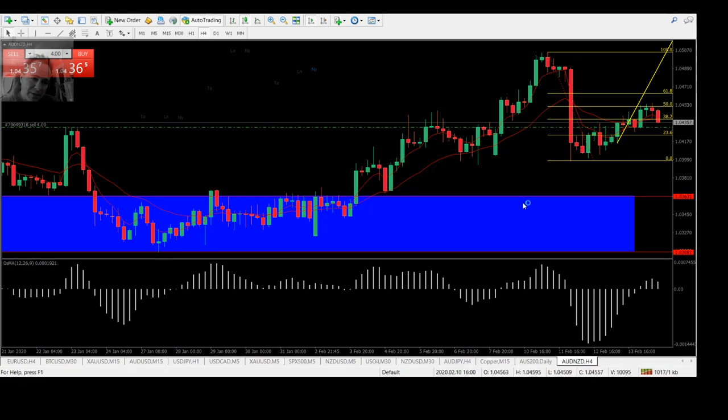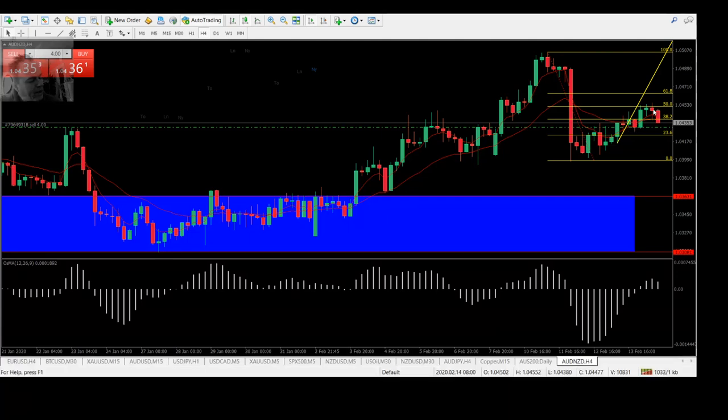Oftentimes, a lot of traders do play this Aussie-New Zealand during that announcement. This big dip down here was that central bank announcement. Then we had a move higher.